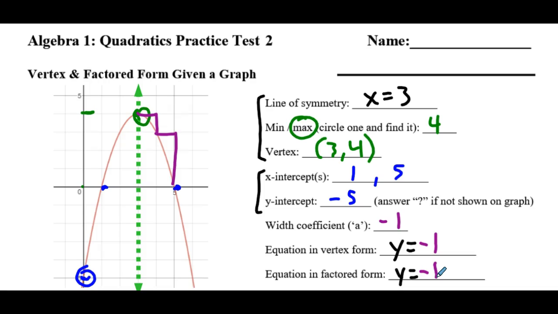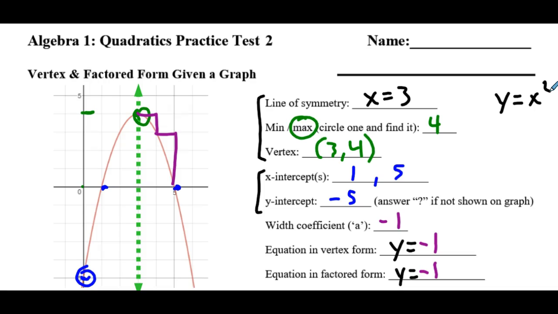Now the vertex form looks at shifting the parabola, the y equals x squared graph, which is where we normally start. And it shifts it left and right along the x, and it also shifts it up and down along the y. So that shift is going to occur by looking at where the vertex is.